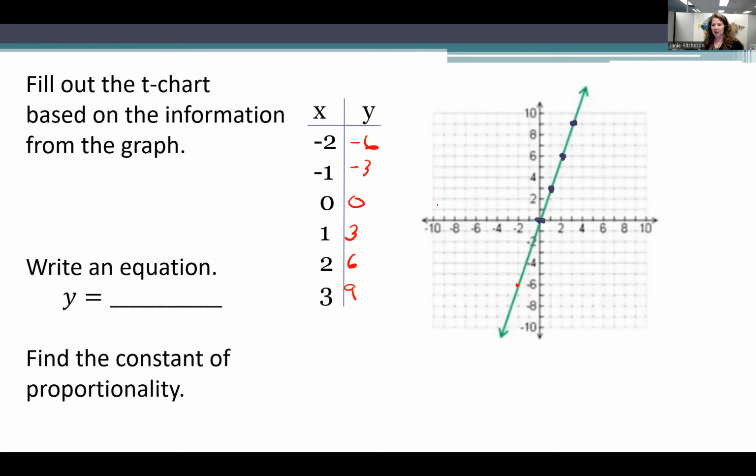So what is our unit rate when X is 1? What is the value of Y? Well, it's 3. So our equation is Y equals 3X. Now that only works when we have the ordered pair 0, 0, when it's a proportional relationship. Whatever Y is when X is 1 is our constant of proportionality, which in this situation is 3.